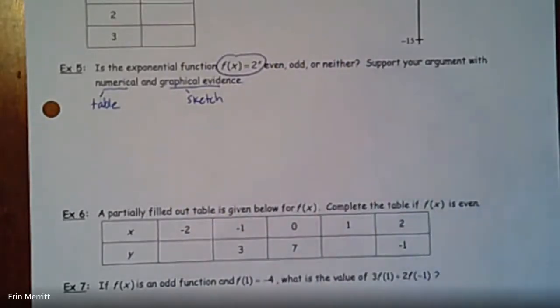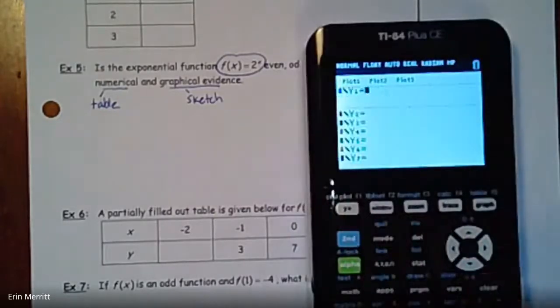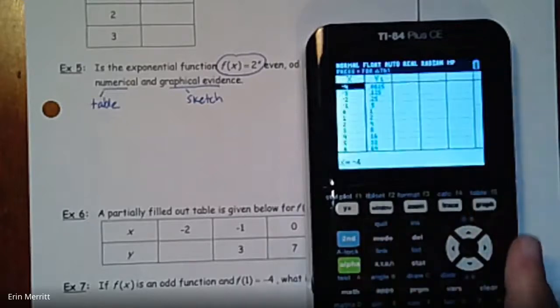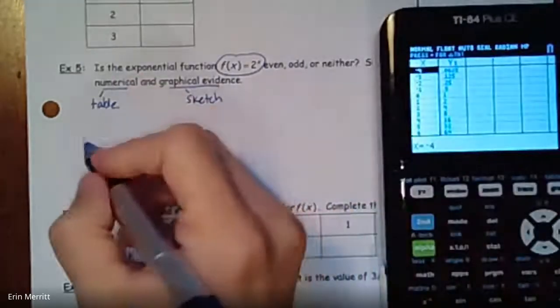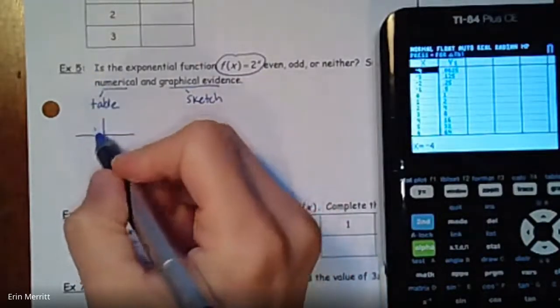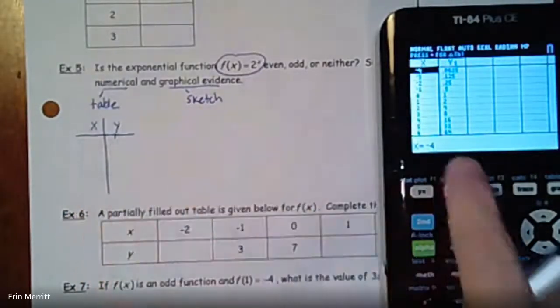So if we go to our calculator and we get rid of what we have in the y equals, and we do 2 and raise it to the x power, if we go to our table, we're always looking at opposite x's and y's. So it helps to be right near the origin.